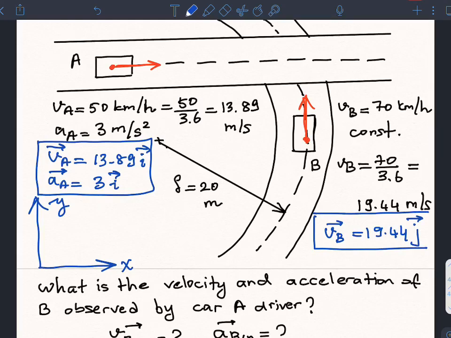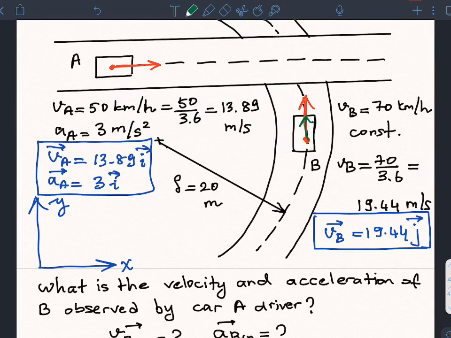When it comes to acceleration of car B, we have two accelerations because it is moving on a circular path. If it's moving on a circular path, it is going to have two accelerations, one tangential and one normal. Let's indicate those, tangential and normal acceleration.